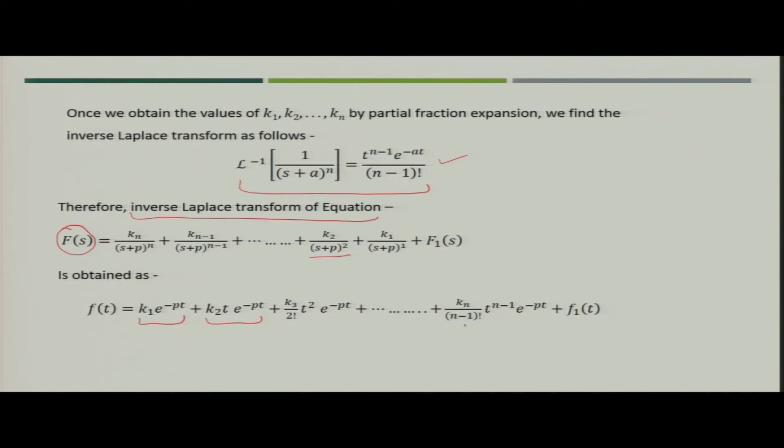For the nth term you will write Kn upon n minus 1 factorial into t to the power n minus 1 e to the power minus p t, plus f1(t), that is the inverse Laplace transform of the remainder of the function, that is F1(s). So, in this way you can find the inverse Laplace transform of the function f(t).